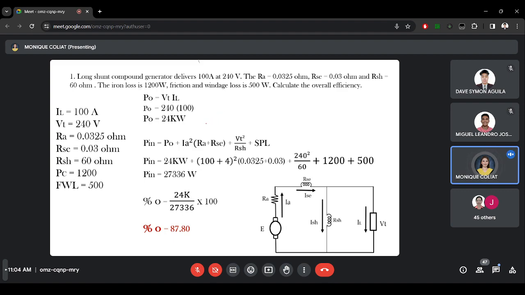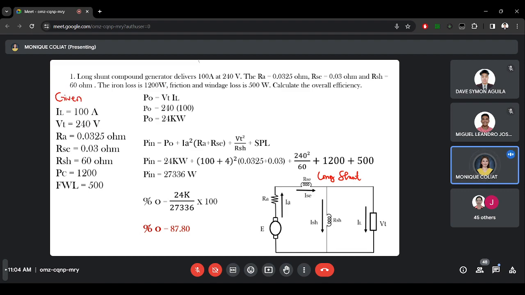So, we have here a long shunt compound generator. So, this is the circuit. And then, we have here the given parameters. So, it says the generator delivers. What does it mean when it says delivers? That means it is at the output part of the generator. What is at the output part? We have the VT and IL, right?